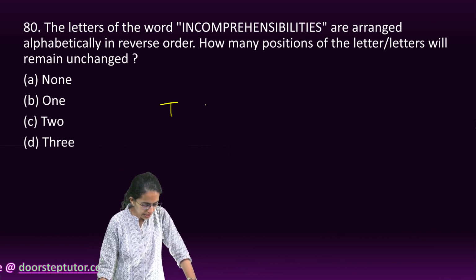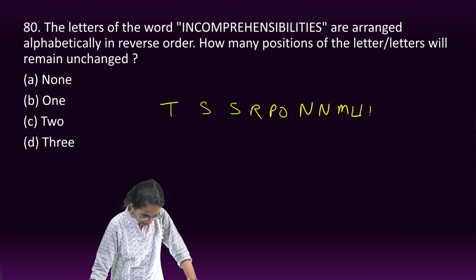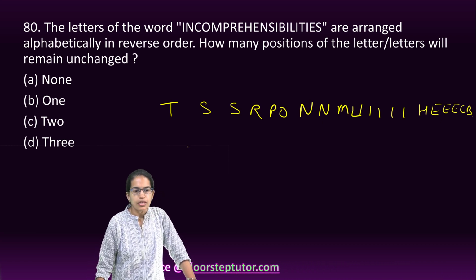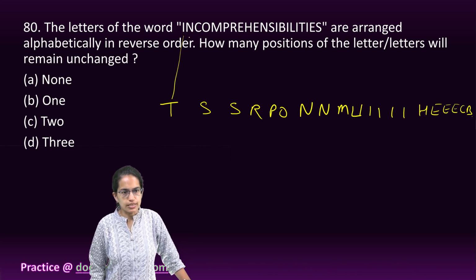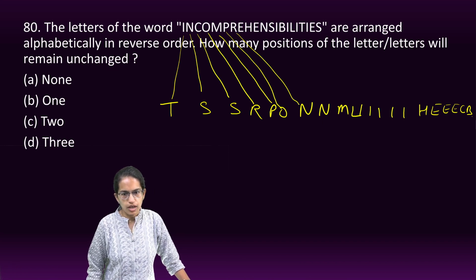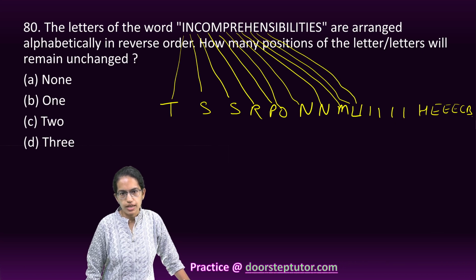It would be T, S, S, R, P, O, N, N, M, L, I, 5 I's, then H, E, C, and B. And when I write this word here as such, this with this, R with N, E with N, H with M, E with L, N with I, S with I with I.